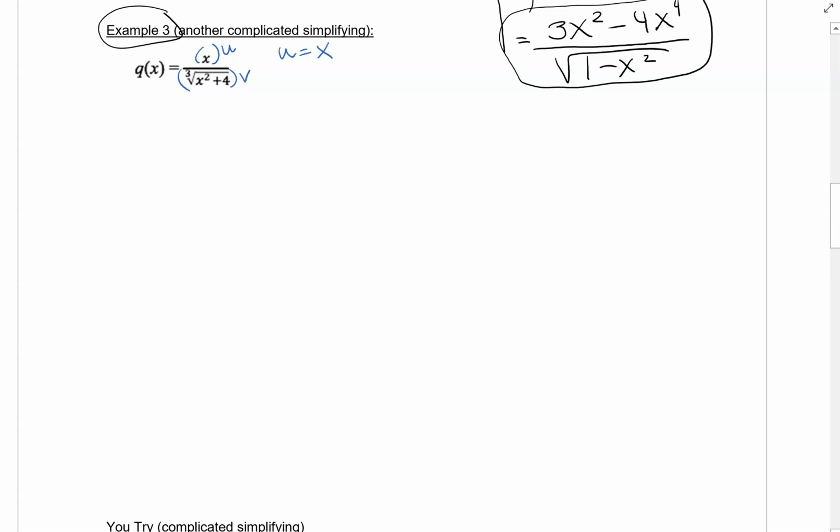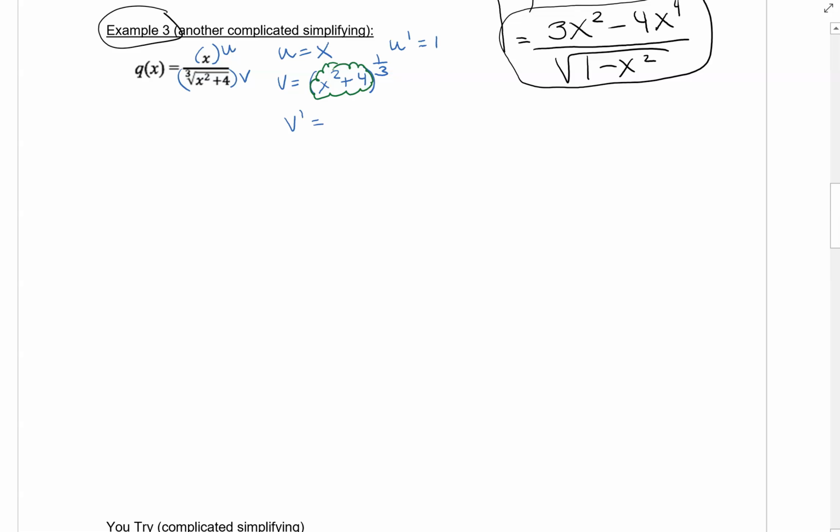So u will be x, and then u prime will be 1. And then v, I'm going to rewrite this as a rational exponent, will be x squared plus 4 to the 1/3. So v prime is going to require the chain rule, because I've got this inside part, this x squared plus 4.